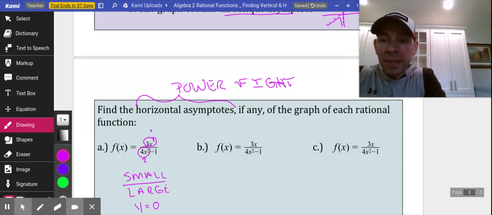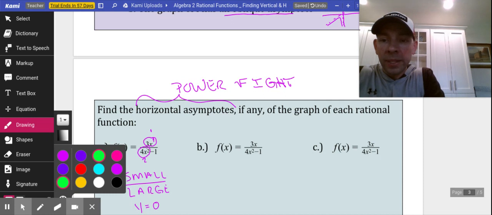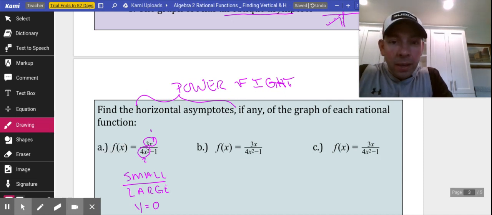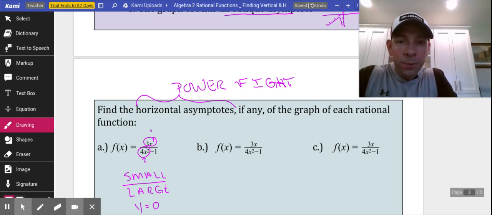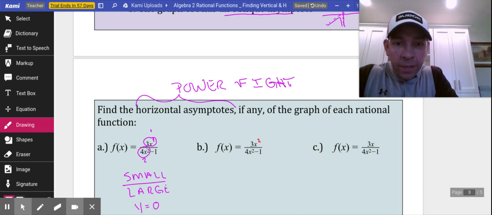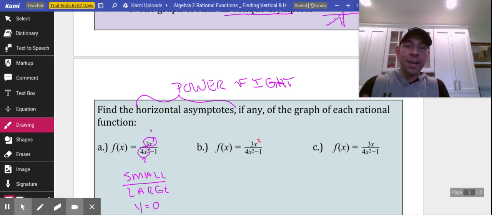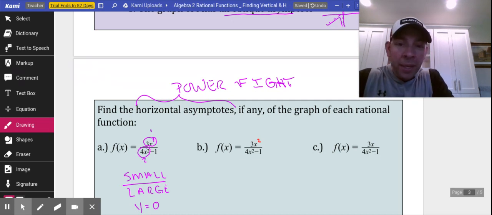In our next example, let's see here. Oh, goodness gracious. I forgot to edit those. Okay, so we're going to fudge these as we go. The numerator should be 3x squared, so let's write that down. The original problem is 3x squared divided by 4x squared minus 1. Now what we have is what we call same over same. The degree of my numerator is 2. The degree of my denominator is 2, totally ignoring the minus 1.